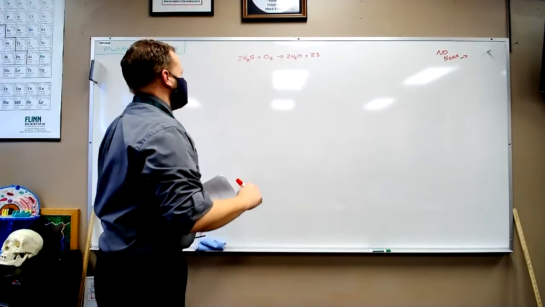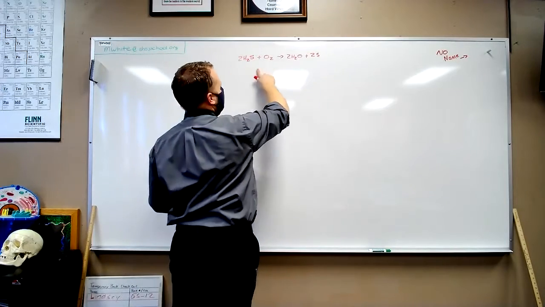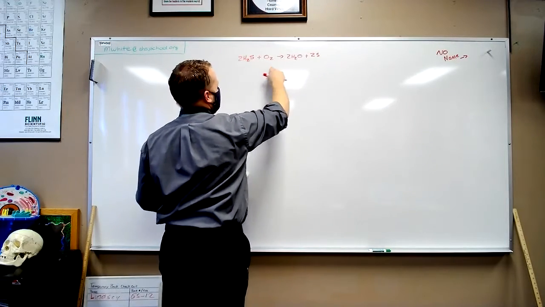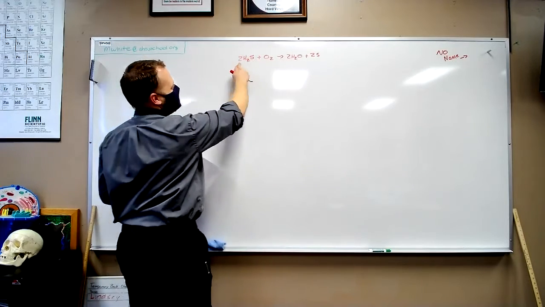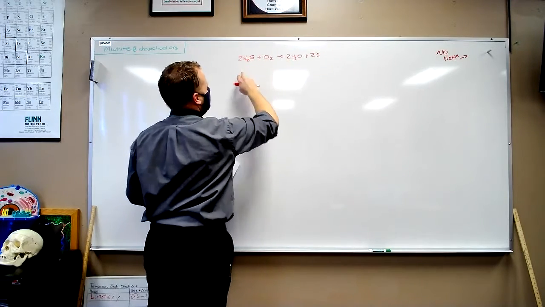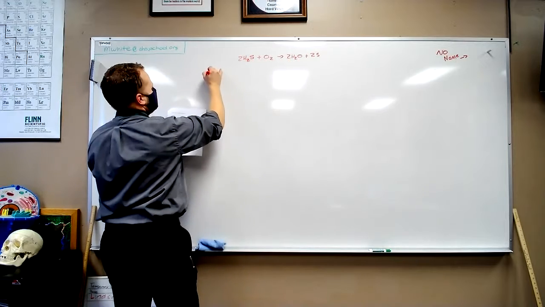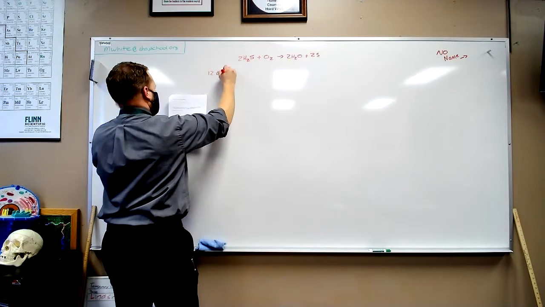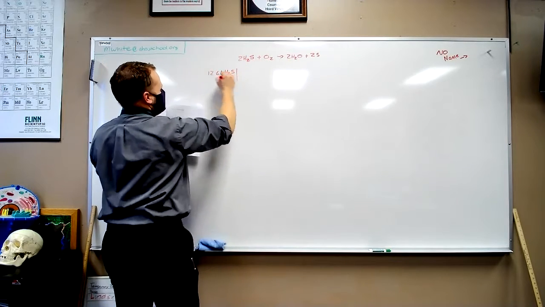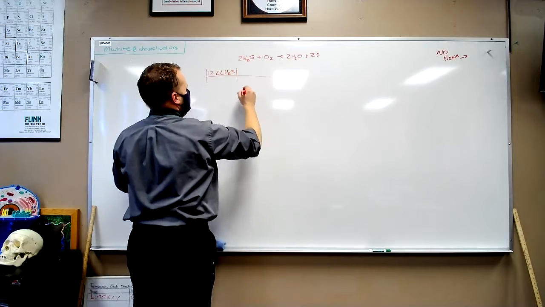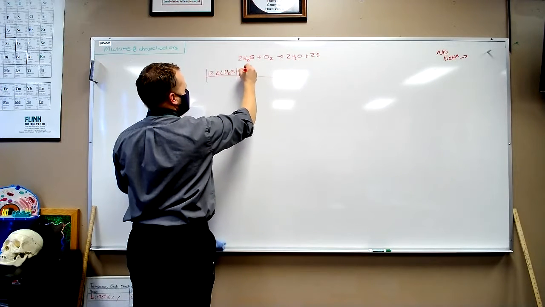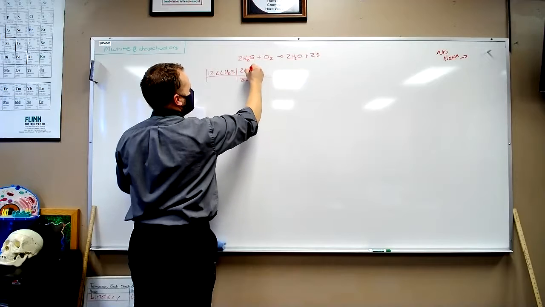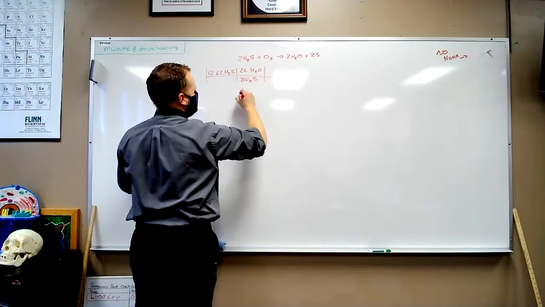So the first thing is we do a stoichiometric ratio between the hydrogen sulfide and the water. Now this is what I mean. They're both 2. So when you do that, your 12.6 liters of hydrogen sulfide, and for every 2 liters of hydrogen sulfide, you get 2 liters of water.